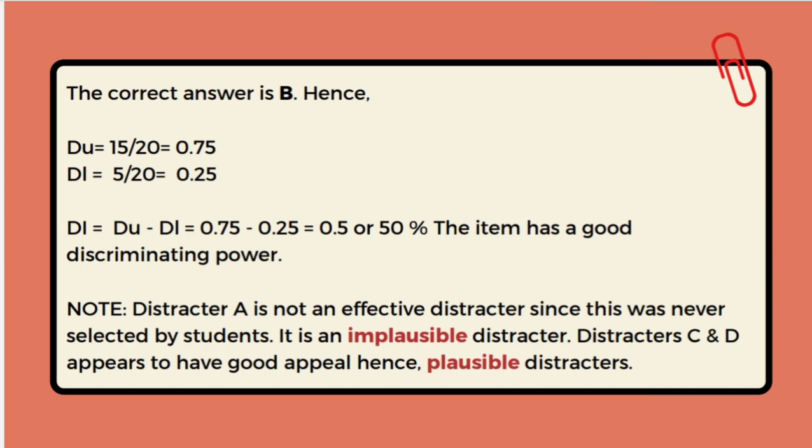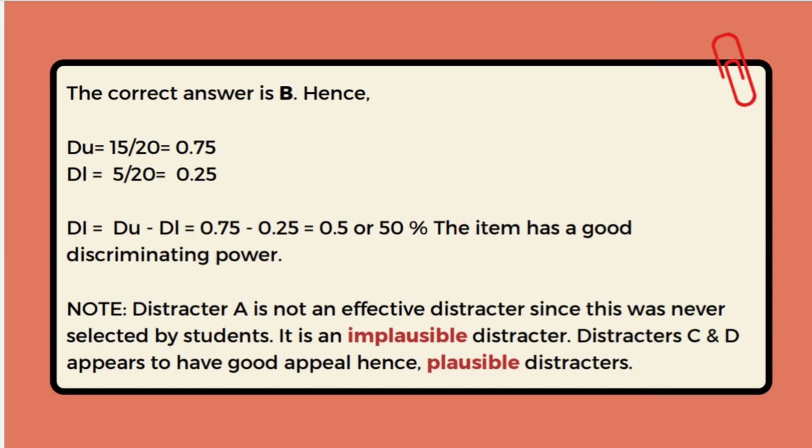So now, DI, or the discrimination index, is equal to DU minus DL. So DU, which is 0.75, minus DL, 0.25. So 0.75 minus 0.25 is equal to 0.5 or 50%. So the item has a good discriminating power.